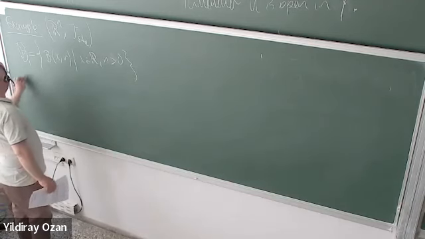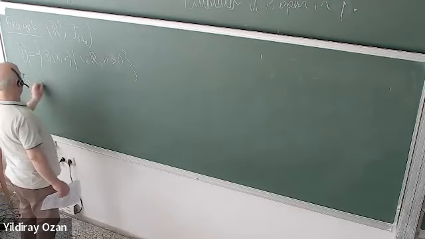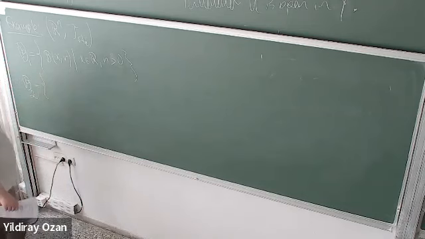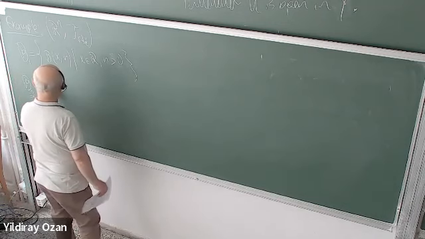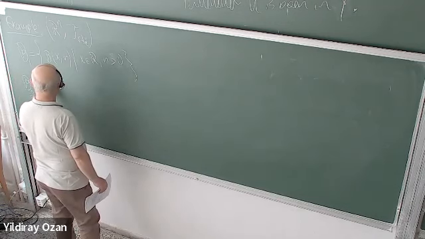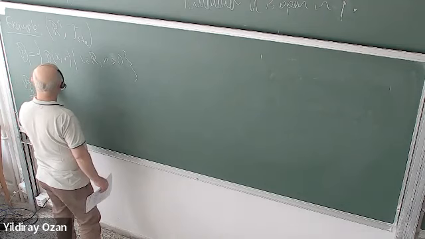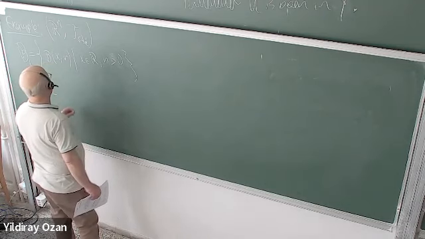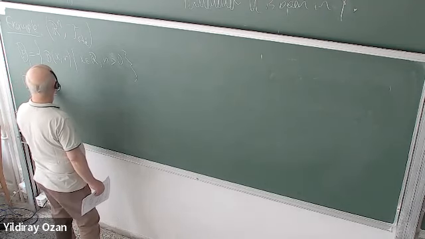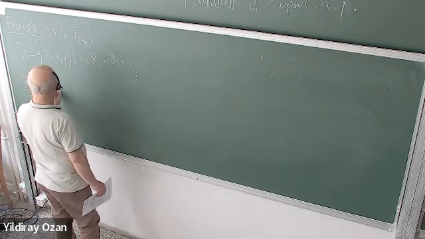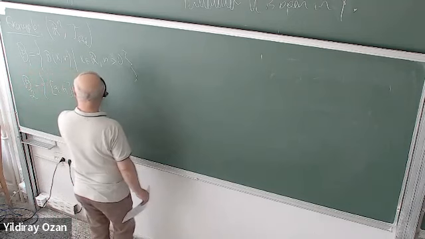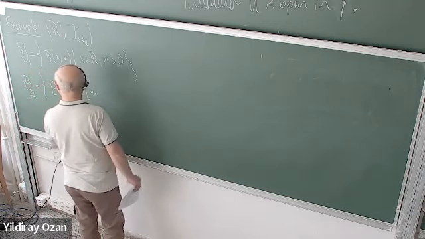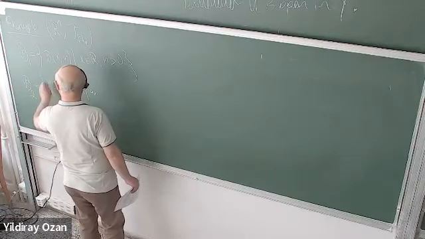Another basis, instead of these balls, I may take boxes. So intervals like this: (a1, b1) times ... times (an, bn). I'll have to take open intervals, of course.